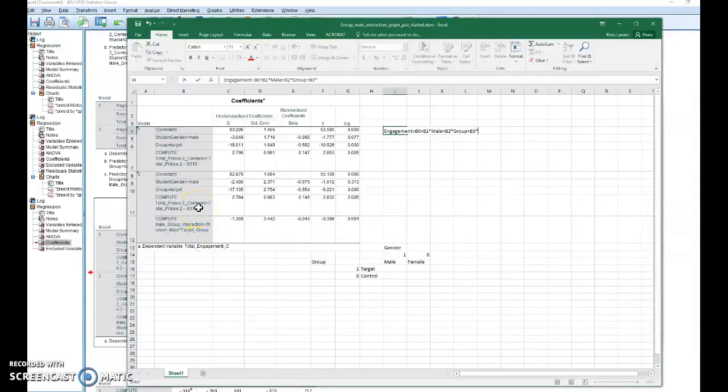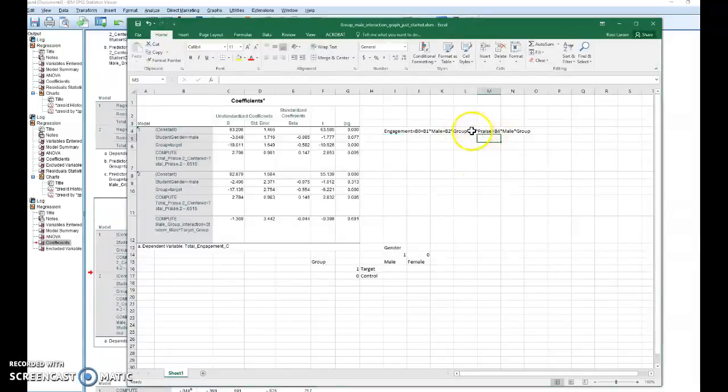Notice that was just a variable that I was controlling for. It was not involved in the interaction, but it is still involved in the model, so I still have to account for it. So beta 3 times praise plus beta 4 times the interaction term, which is going to be male times group.